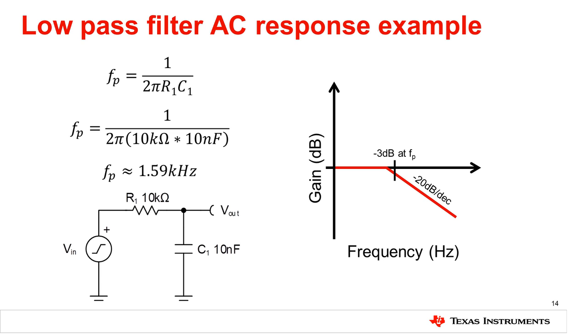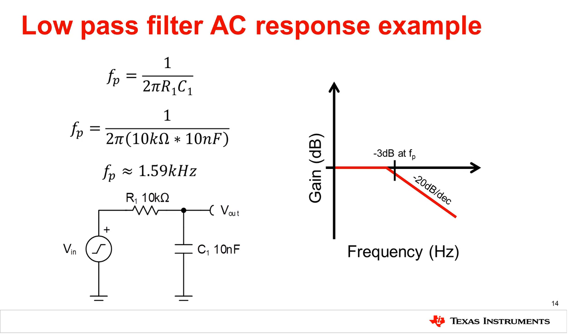The behavior of the low-pass filter can be understood using the equation of its pole. At low frequencies, where the capacitor acts as an open circuit, the filter has a gain of 0 decibels. But at higher frequencies, the capacitor has a lesser and lesser impedance, causing the gain to drop by 20 decibels per decade.